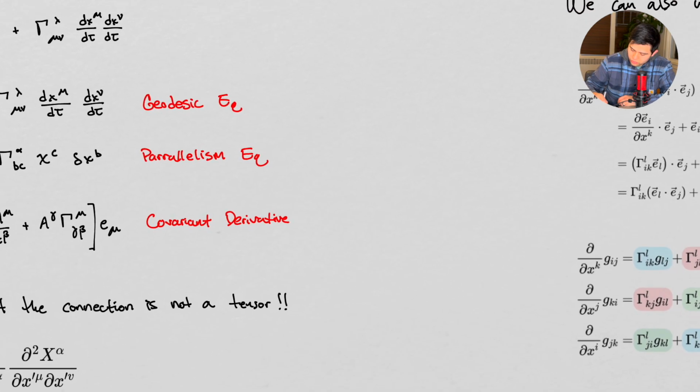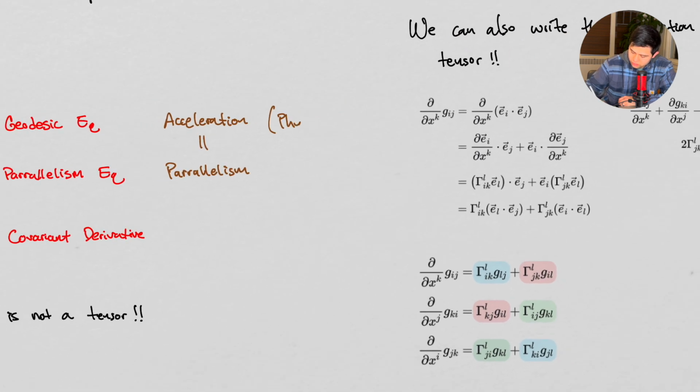So we want to start thinking, okay, acceleration, parallelism. Is there some interesting link between the two, right? In one case, we're talking physics. The other case is really mathematics.